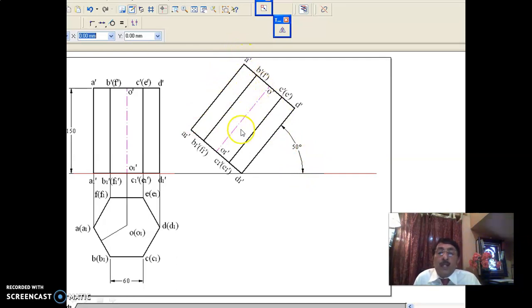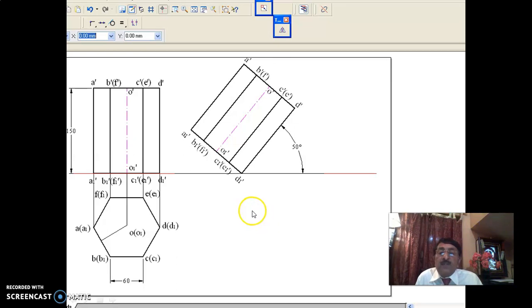When it is tilted at 50 degrees to HP, you have to write the corresponding top view. As you are aware, in the top view you should show 18 edges. Some of them will be visible, some of them will be invisible, and you have to take care of all those points.